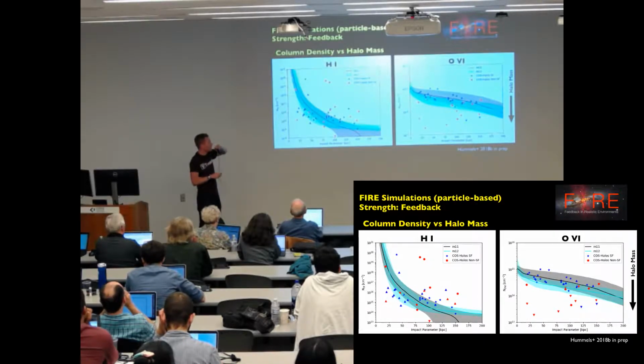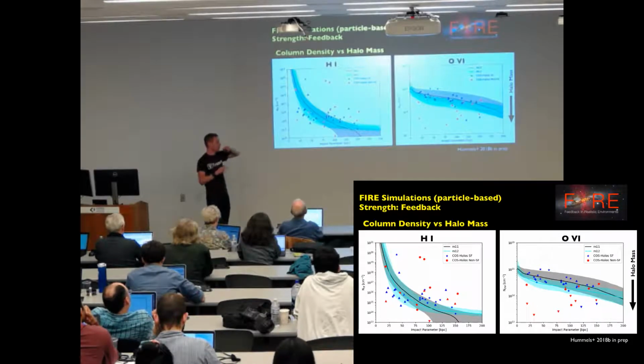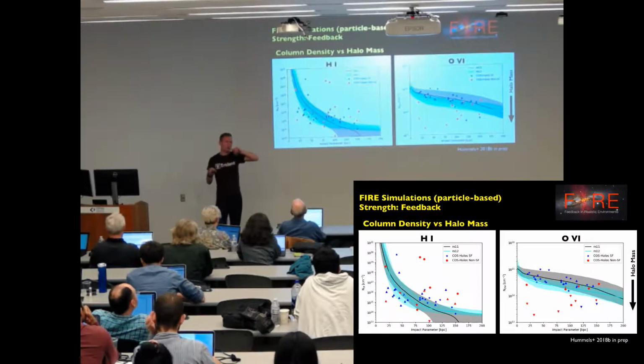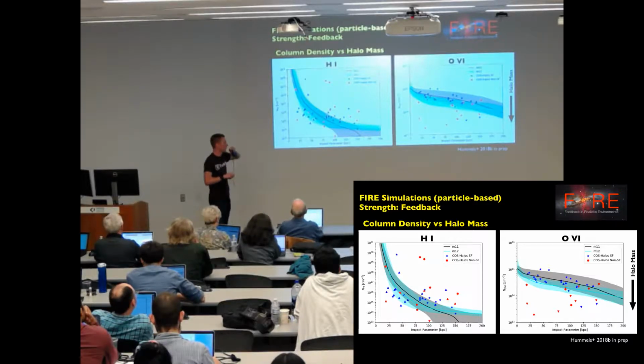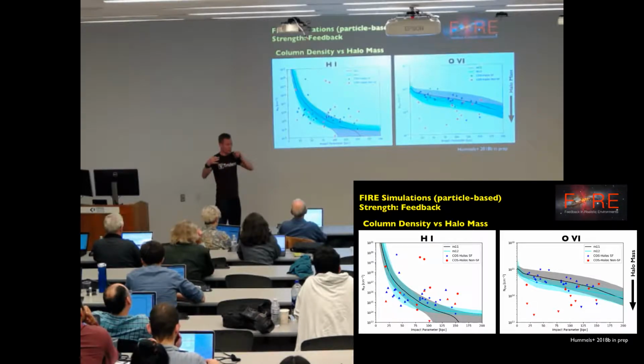If we look at the effect of halo mass on these profiles, you can see the black centroid represents halos of about 5 times 10 to the 11th to 1 times 10 to the 12th solar masses, versus blue, which is 1 to 2 times 10 to the 12th. And you can see a decrease in the overall O VI. This is basically attributed to the fact that as you go to higher and higher mass halos, your virial temperature increases, and so it falls outside the window where O VI peaks, which is about 3 times 10 to the 5th Kelvin.